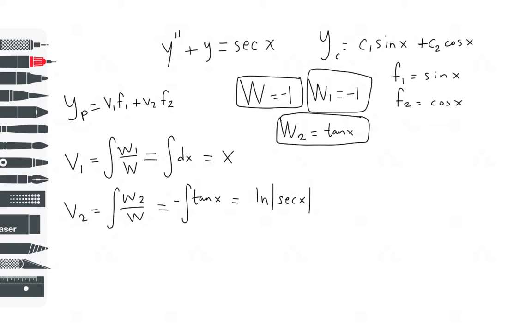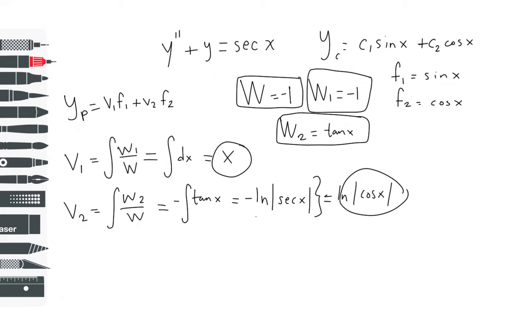With the negative, that'll be negative ln secant x. And from another identity, this simplifies to positive ln of cosine x, or you can just keep it this way, either works. So that's our v2, and this is our v1.